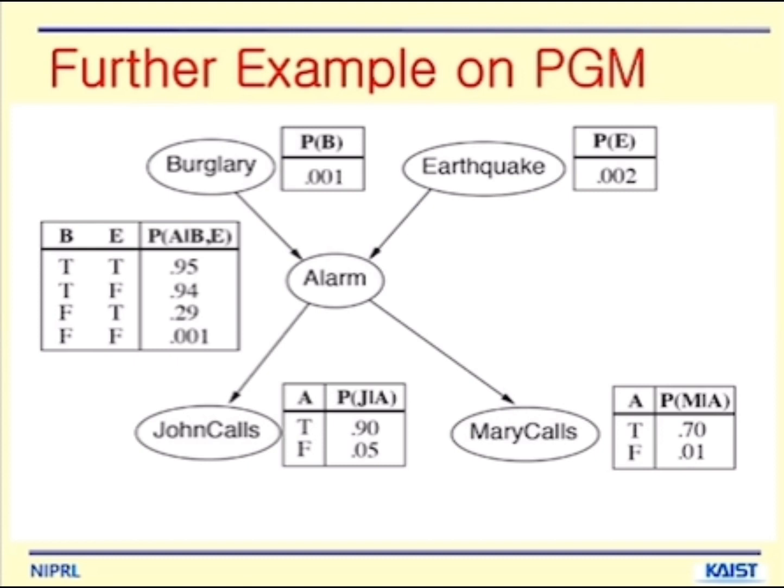And the probability of earthquake is 0.002. These are given. The two probabilities here are priors; they don't depend on anything. When you look at burglary, we have two levels. Why two levels? It's either there is a burglary or not.